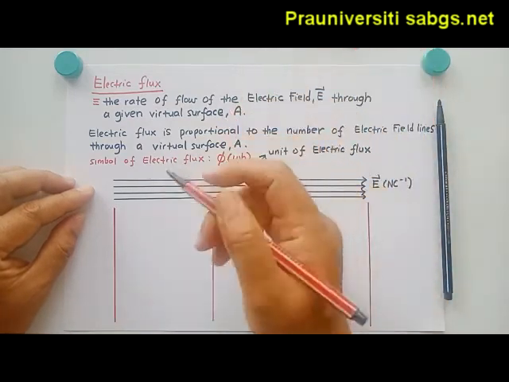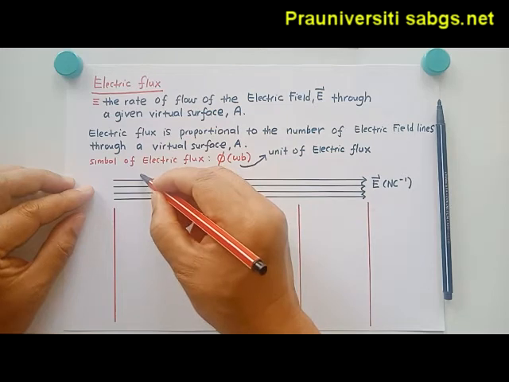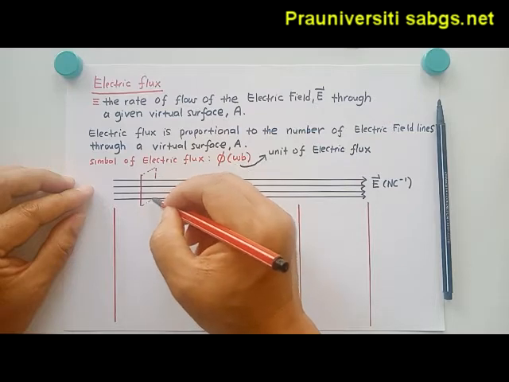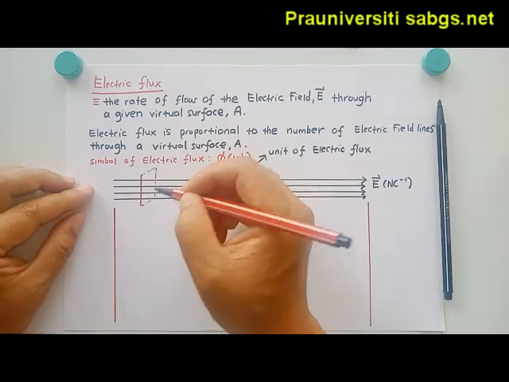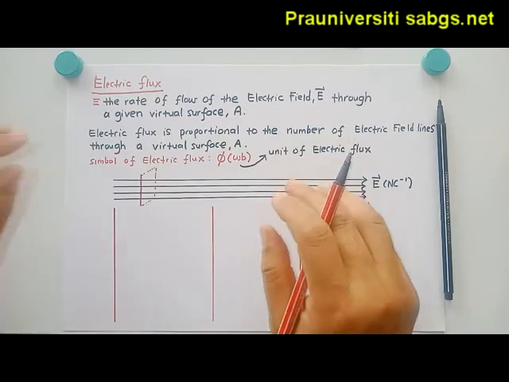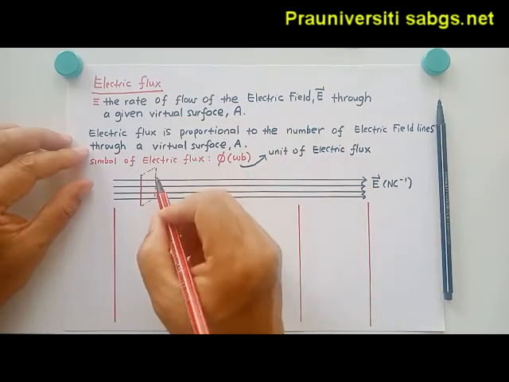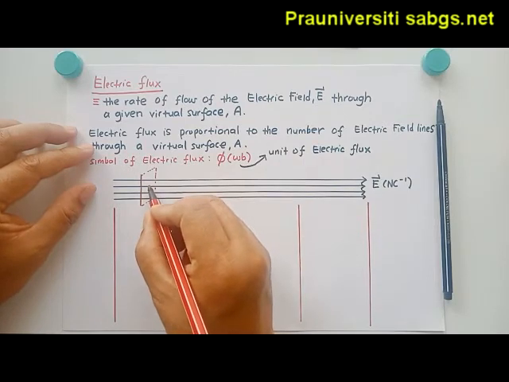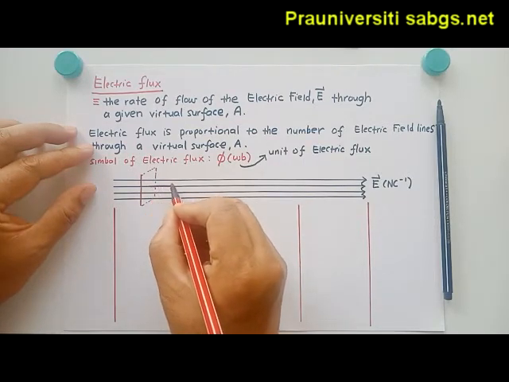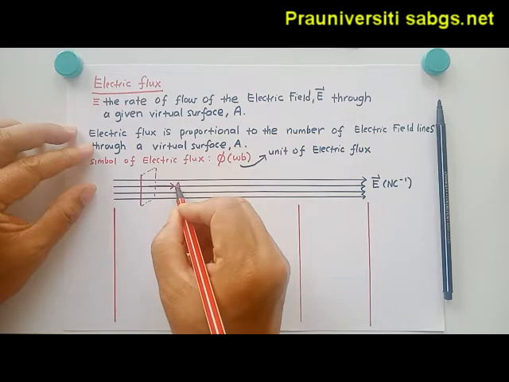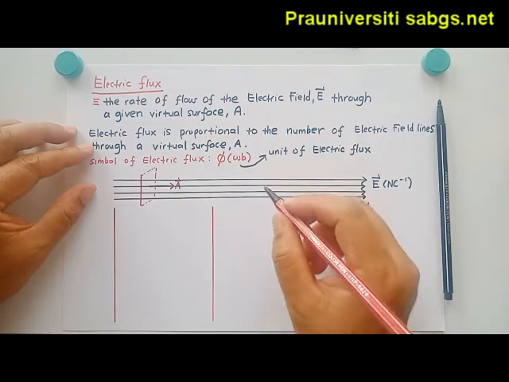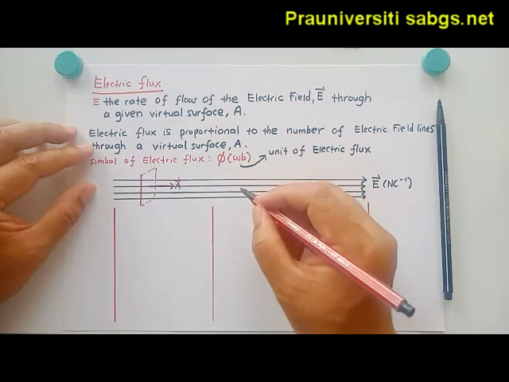So I draw the virtual surface. The first case is this one. The first virtual surface, and then the vector of the area is perpendicular to the surface. So here is the vector of the surface, and then we go for the second case.